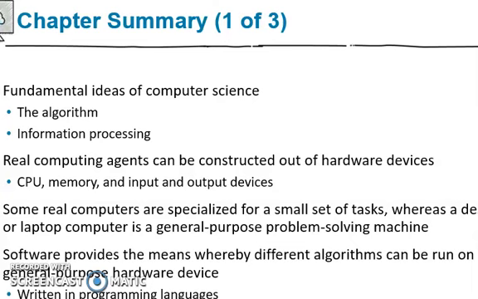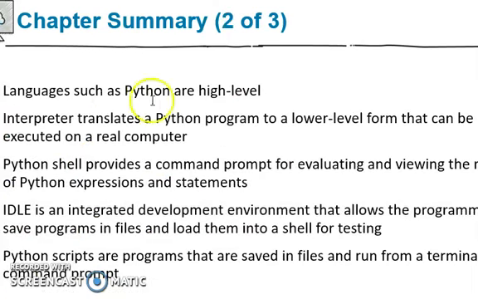So basically, we spoke about an algorithm, information processing, CPU, memory, input, output devices, software, and you came to learn about programming languages. Python is a high-level language. C++ too. I also teach C++.